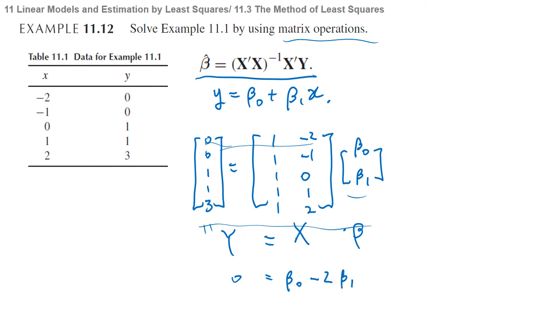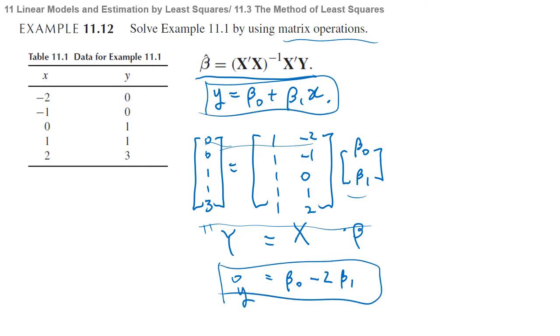So you can check that this expression is the same as this expression. Here y is equal to beta 0 plus x times beta 1.